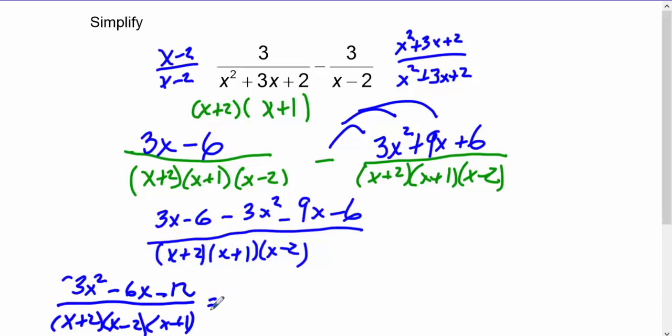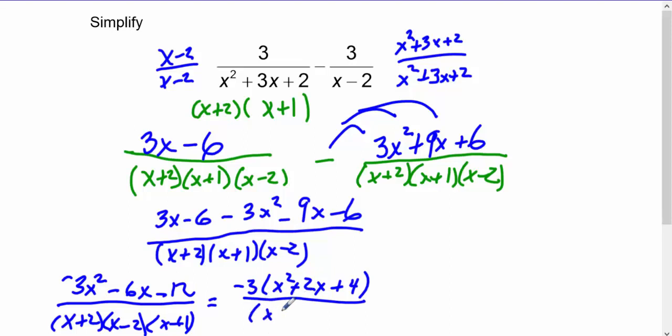Notice I've got some things in common again. I'm going to pull out a negative 3, leaving me with x squared plus 2x, sorry, plus 4, I believe.